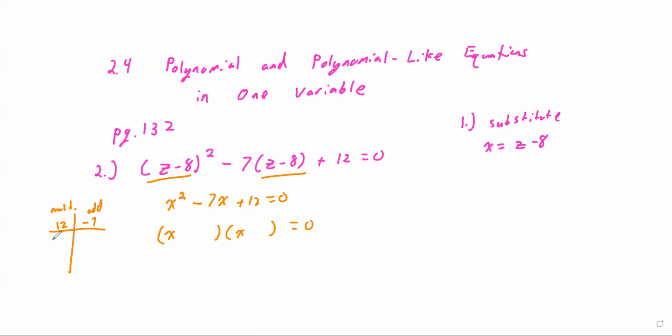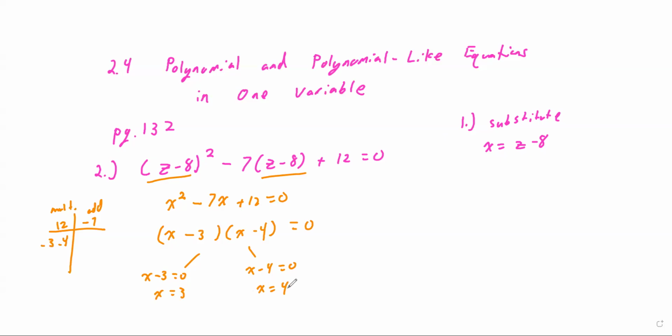Hopefully at this point you kind of got it, but it'd be 3 and 4. It multiplies to 12, but I need to add to -7, so that tells me both are going to be negative. Still multiplies to a positive 12, but now adds up to that -7. So then I get -3 and -4. When you set these, you get x minus 3 equals 0, x minus 4 equals 0, and therefore x equals 3 and x equals 4.